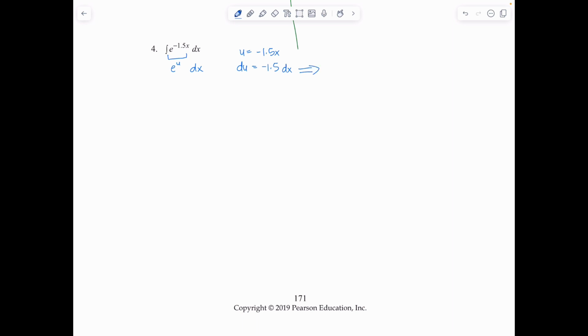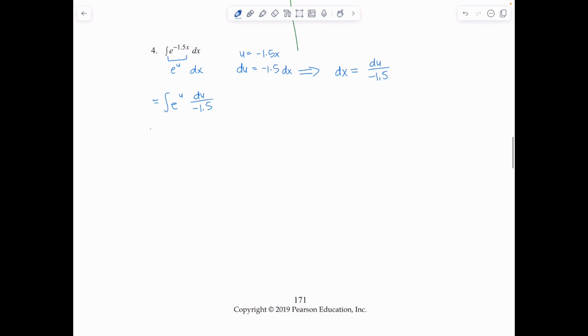So what I'm going to do is take one more step and find out what is dx in this case, and it's du over negative 1.5. So that's what we're going to be substituting into the dx value. So we'll rewrite this as e to the u, and then we have du dividing by that negative 1.5.